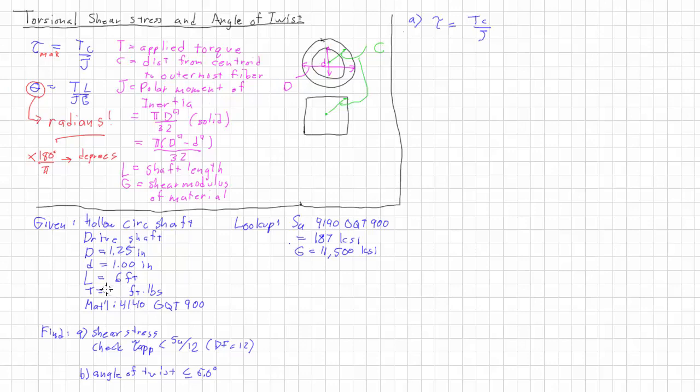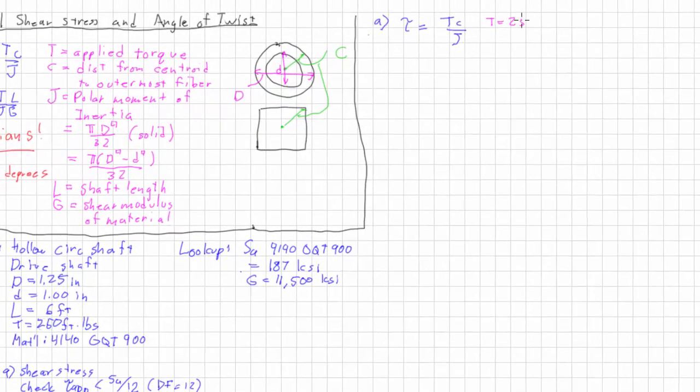So when we do the problem here, we'll make it 250 foot-pounds. A little bit more realistic. So let's write down what we've got here. Torque equals 250 foot-pounds.